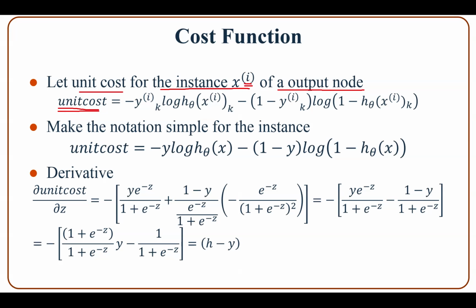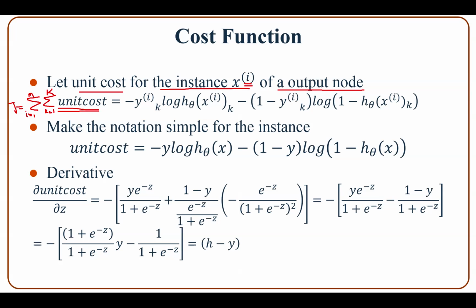Taking unit cost for k from 1 to capital K, meaning for all the output nodes, and then another sum for i from 1 to m, and m is the number of instances, then we get J, which is the cost function.